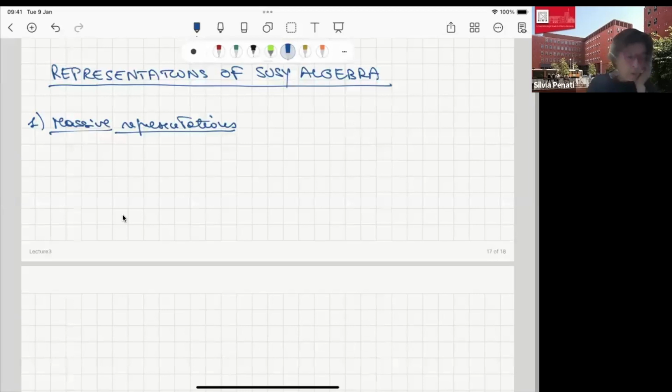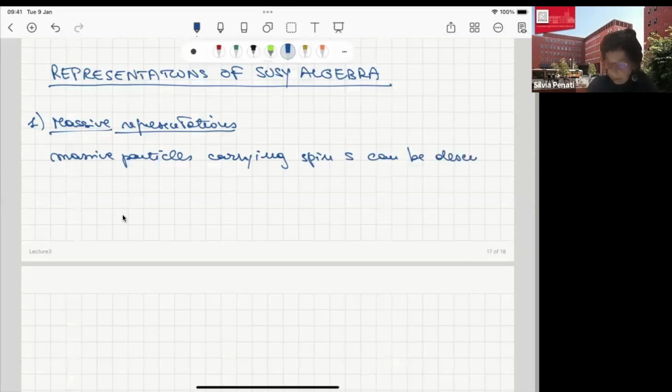It means that I'm going to consider massive particles. We know that massive particles carrying spin s can be described by a state that we can label this way: the mass, the spin, and the projection of the spin along one of the three directions.